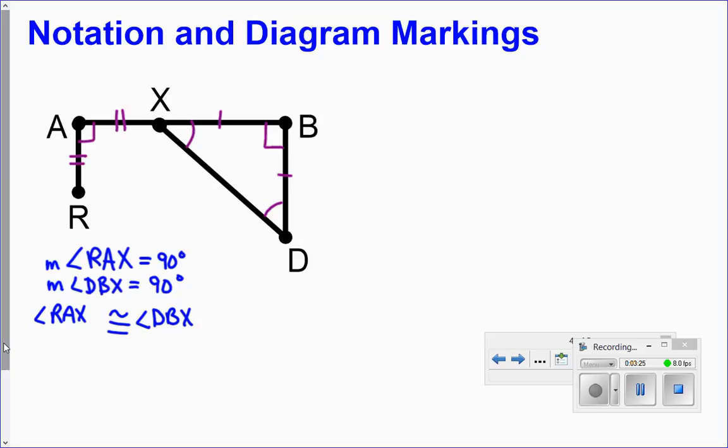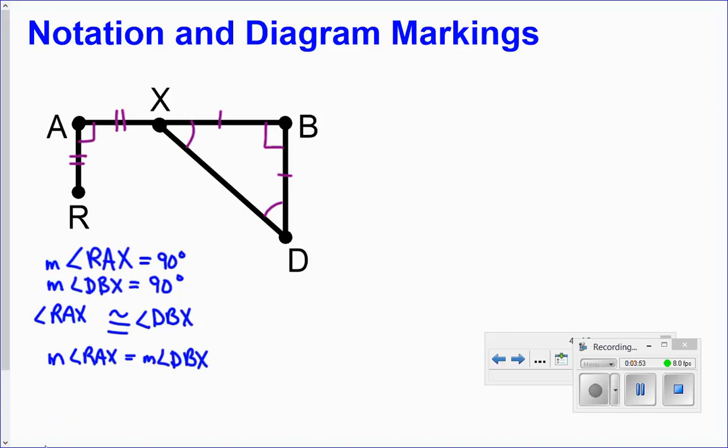So in that case, I could write the measure of angle RAX is equal to the measure of angle DBX. Either of these are correct. But if I'm talking about congruent, then I'm referring to the angles themselves and not the measures. And if I'm saying equal, then I am talking about the actual measures of those angles, which is why I would put an m in the front.